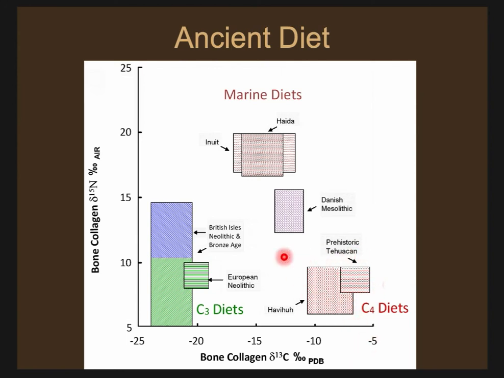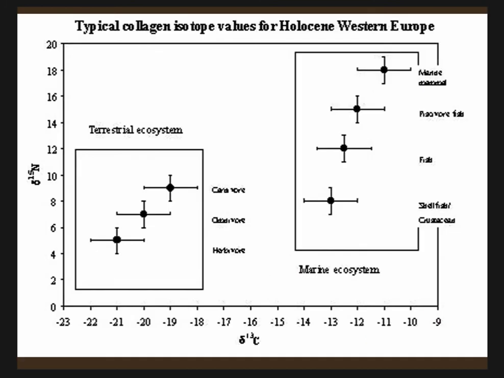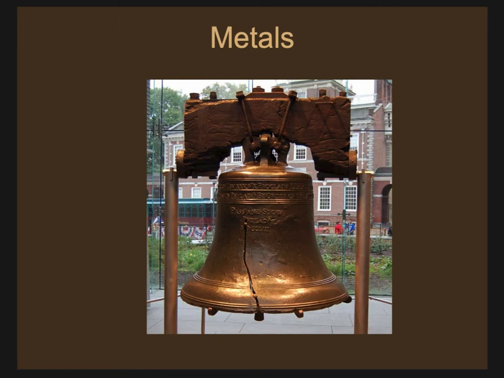So you could actually look at skeletons from different periods and see how the diets changed over time by looking at stable isotopes. That's something we'll talk about more this week and next week as we start to look at human skeletal analysis.